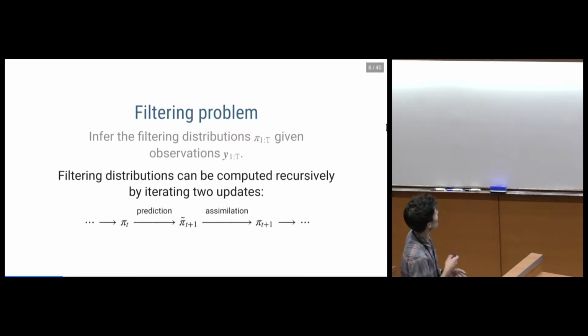Given a filtering distribution at the current time index, we can map that forward to a prediction distribution via what I'll call this prediction update. And then given that predictive distribution, we perform some assimilation update to take into account the observation to get to the next filtering distribution.